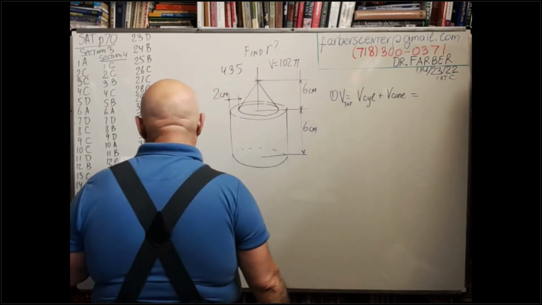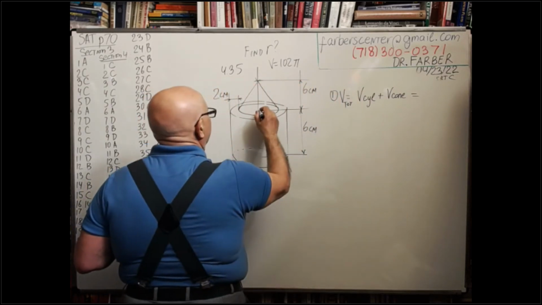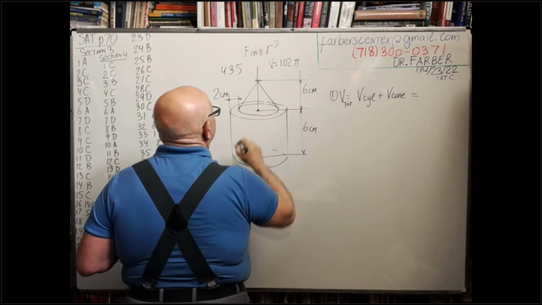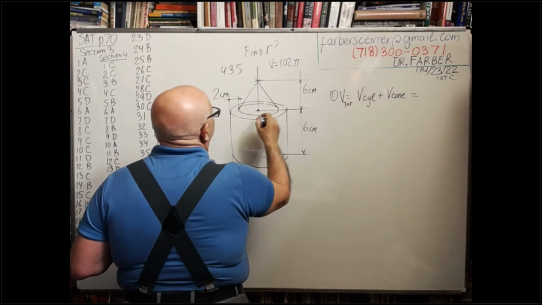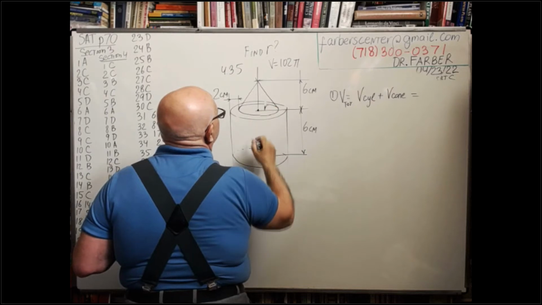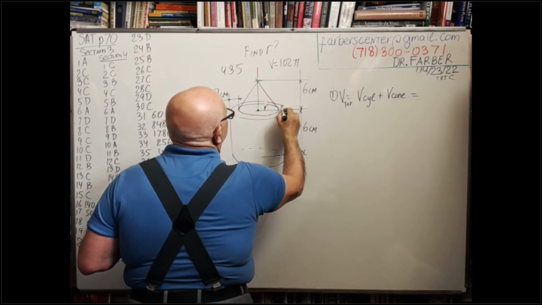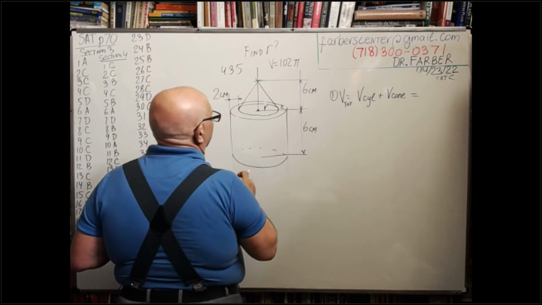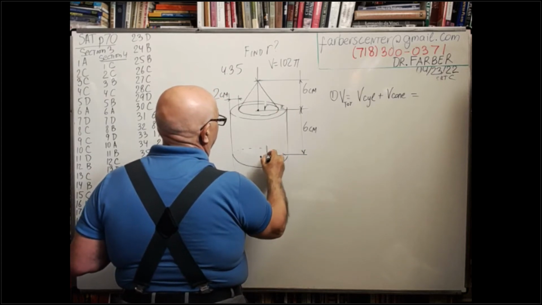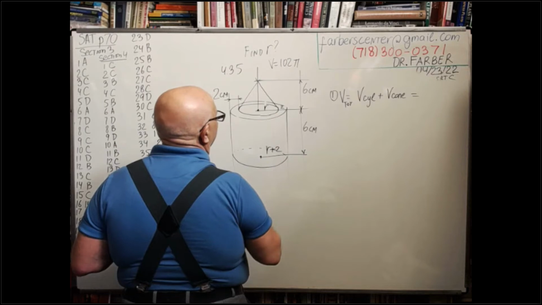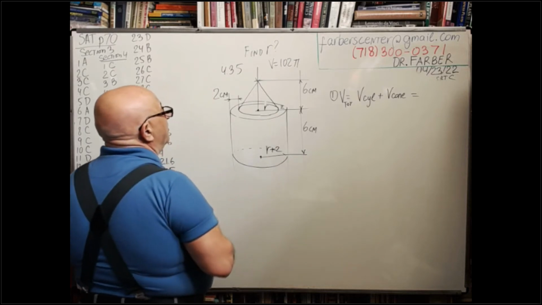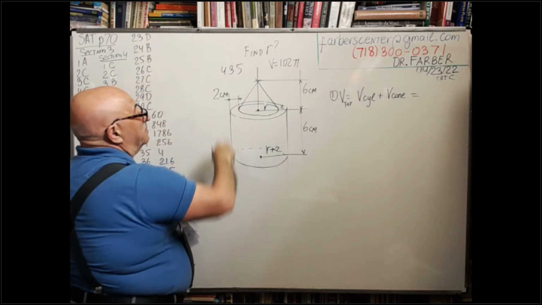Let's say this is radius, if this is radius, this is 2. So this radius would be R plus 2, 2 more because of this.